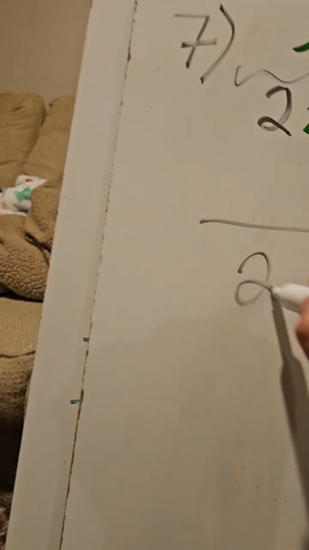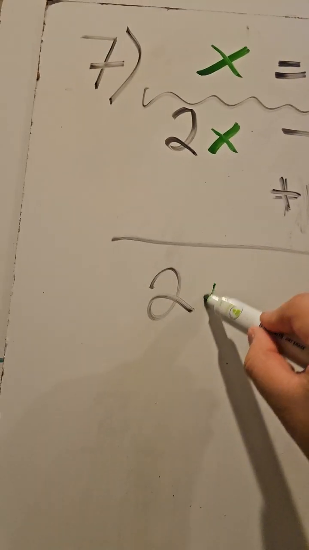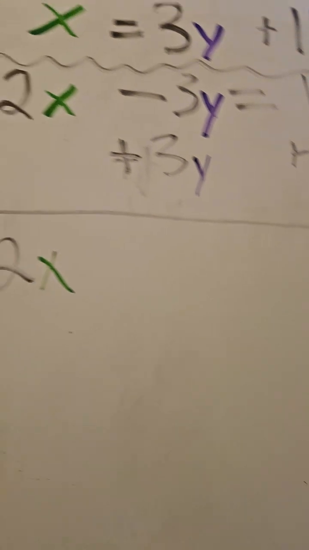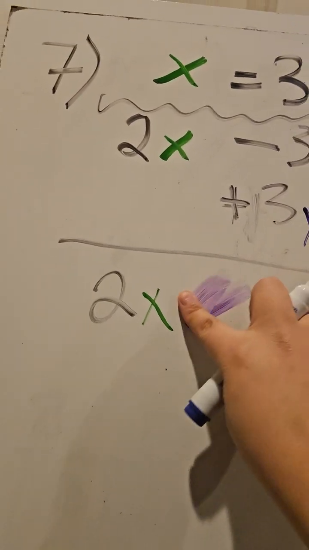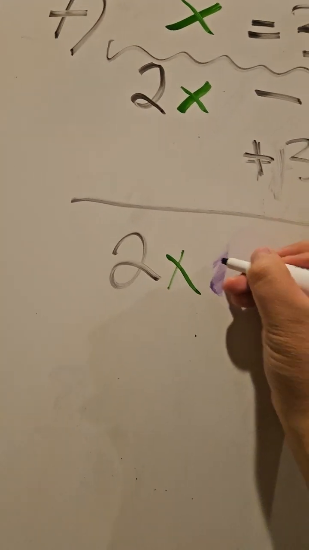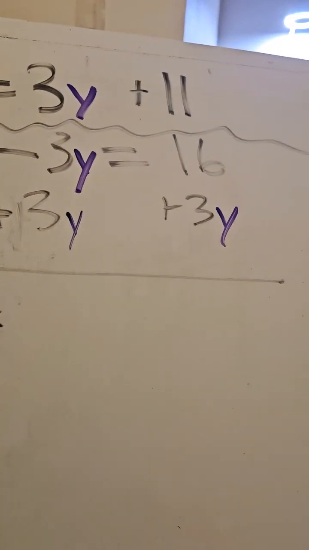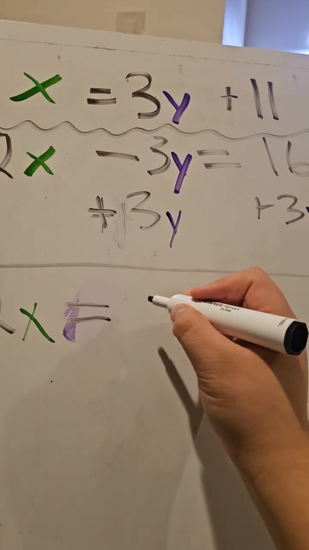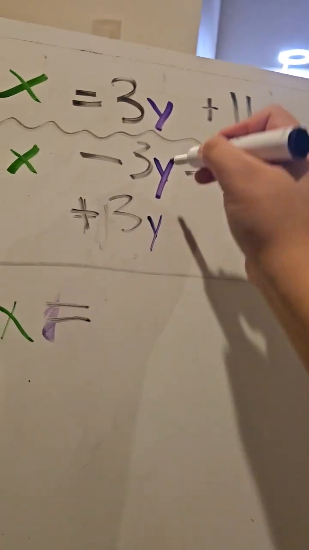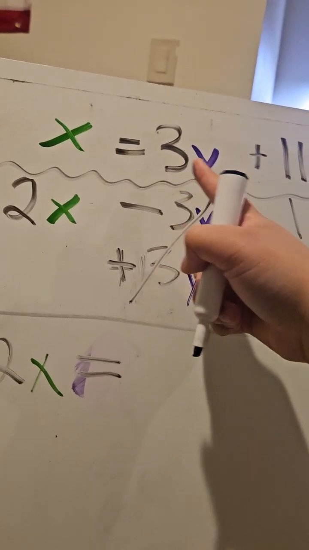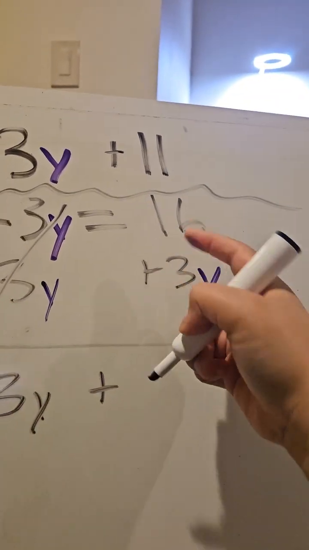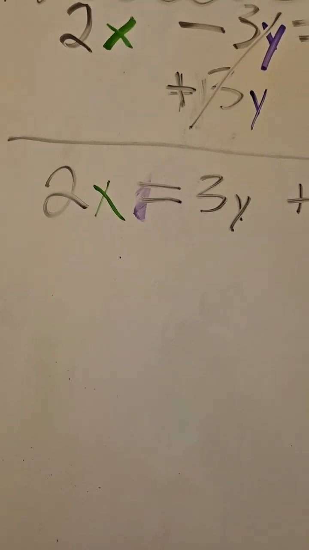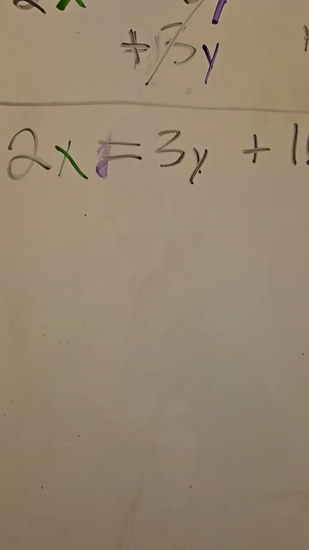It would be 2x, this would cancel out, equals, oh no, sorry, cheap whiteboard, equals 16 plus 3y, because this cancels out, but since the y is first, I'm just going to put 3y plus 16. And that's how we rearranged it.